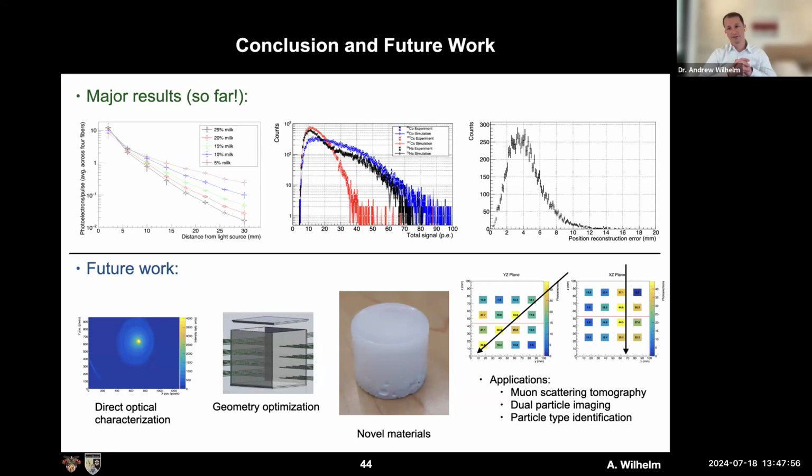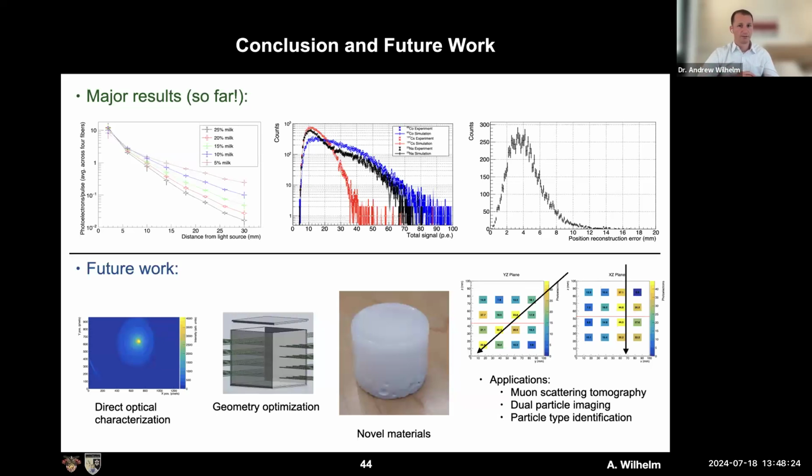And then lastly, applications. So we think that this technology would be appropriate for application in muon scattering tomography. So just above there, you see an image of an event that we captured kind of by accident of a muon in our detector. And you can see that because muons deposit so much energy and create so much light, it's pretty easy to see even by eye what the path of that muon likely was through the detector.